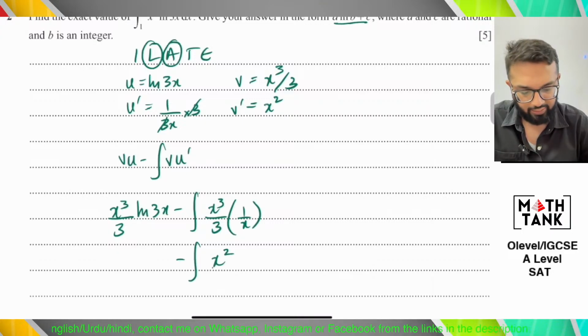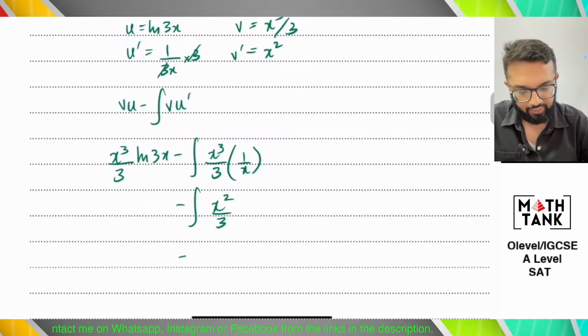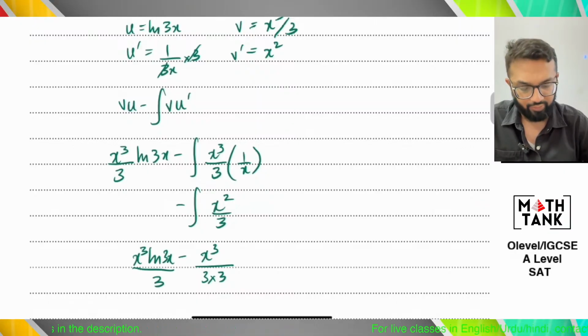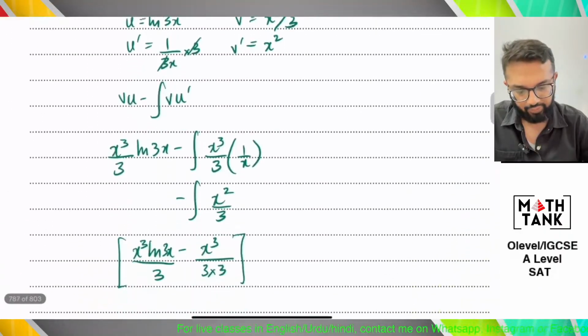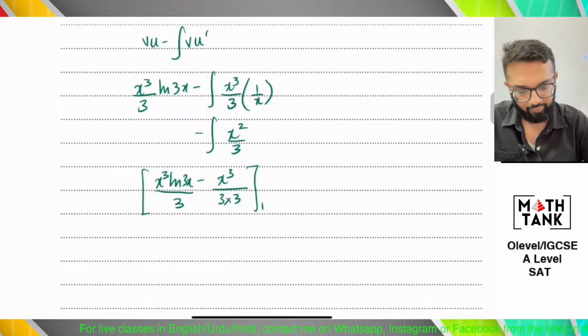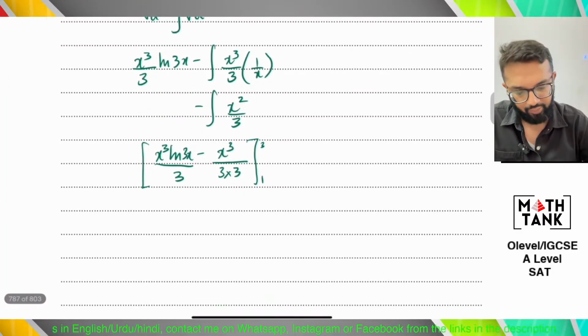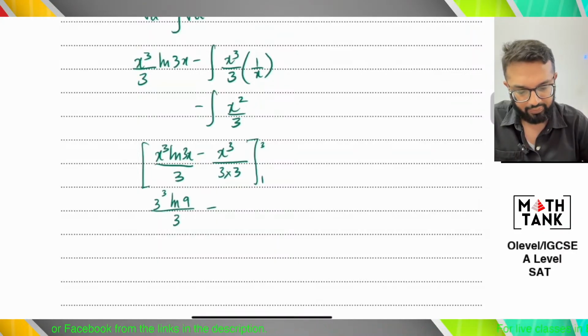This further gives me x squared over 3. If I integrate that again, that becomes x cubed over 3 into 3. And I have x cubed ln 3x over 3, and I have the limits 1 to 3. So first plugging in 3, that gives me 3 cubed ln 9 over 3 minus 3 cubed over 9, upper limit minus lower limit.